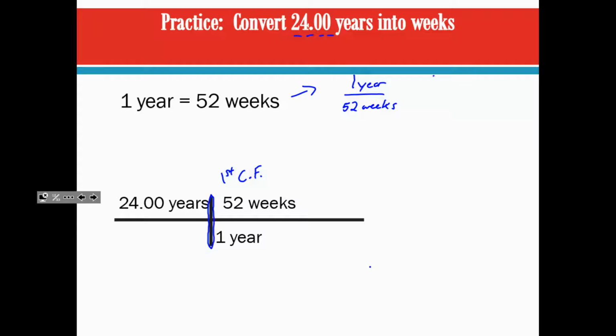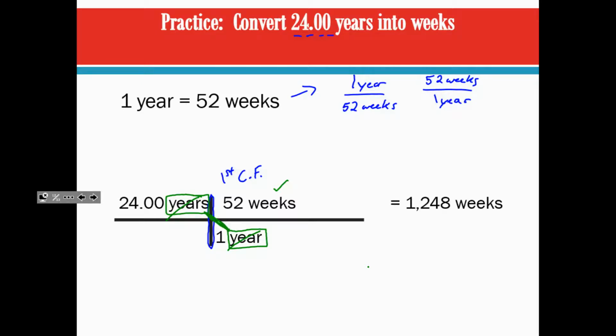I can flip it and make it 52 weeks over 1 year, and you have to decide which one to use. We started with years on top, and to cancel our units to go into a brand new unit, we have to make sure they cancel out, top and bottom. So in this case, years cancels, and I'm left with weeks, which is what I wanted.